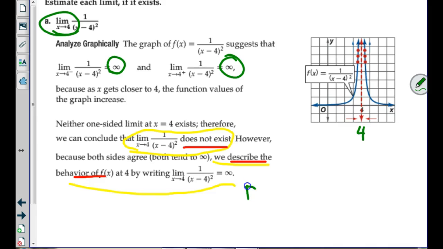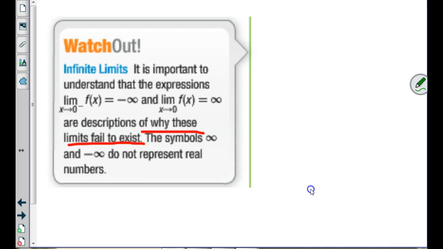So what we're going to write is not necessarily what you'll write in calc next year, but we're going to write does not exist, and then we're going to say it approaches infinity. You can only say that if it's doing infinity on both sides. I just don't want you to think that infinity is an answer to a limit question. It's a descriptor.